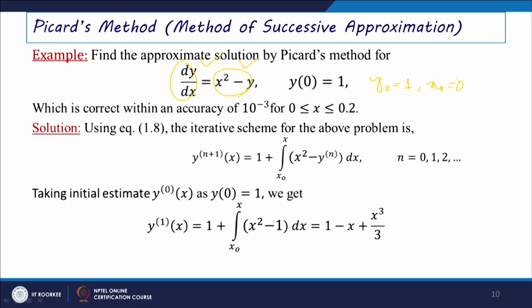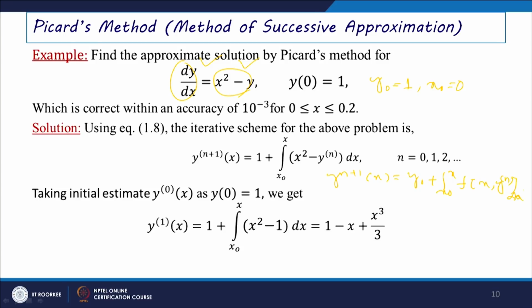And this formulation I have just discussed in the previous slide, that we can write the n plus 1th iterated step as y to the power n plus 1. This can be written as y n plus 1 of x as y naught plus the integral from x naught to x of f of x, y power n dx here.